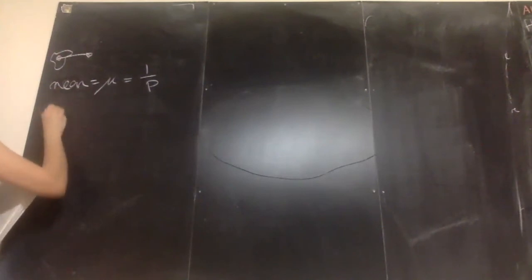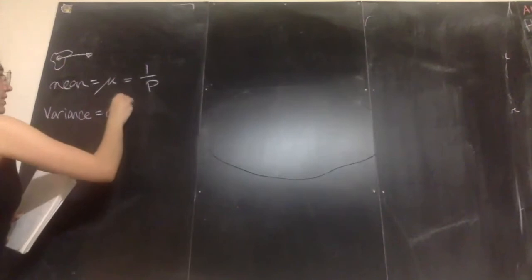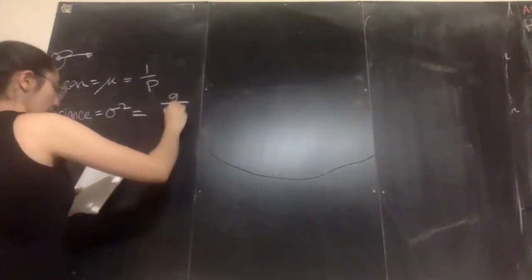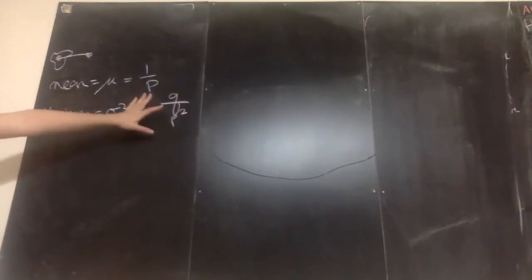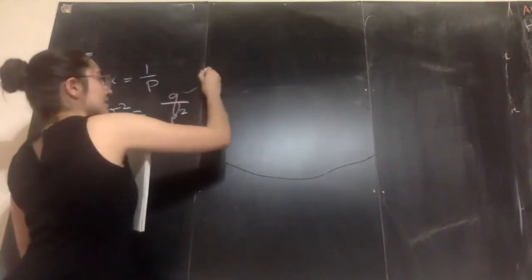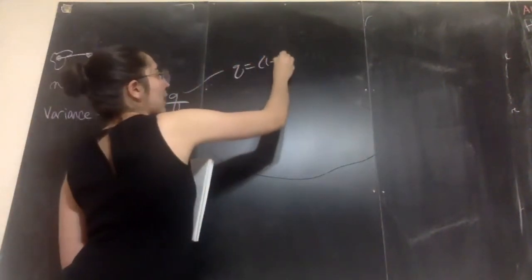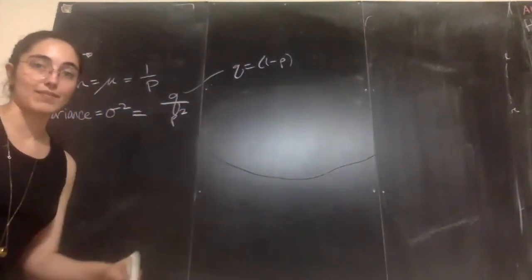And our variance, sigma squared, is q over p squared, where q, once again, is the probability that it does not spread, that we go on a day without the infection spreading.